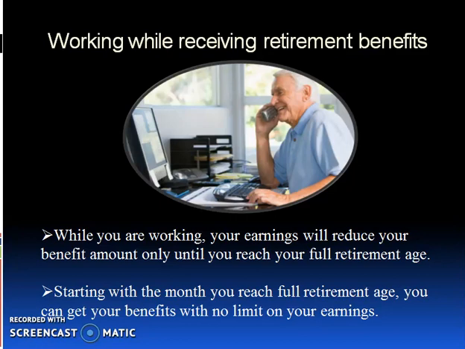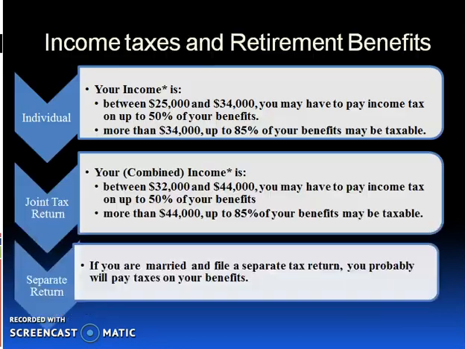After that, the Social Security Administration will recalculate your benefit amount to leave out the months when benefits were reduced due to your excess earnings. While this sounds a little confusing, if you're working while receiving retirement benefits, you will still be entitled to a higher benefit amount later on.